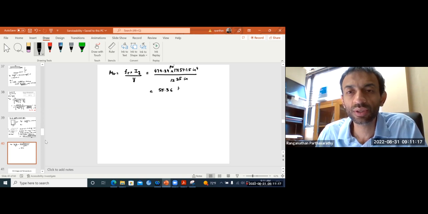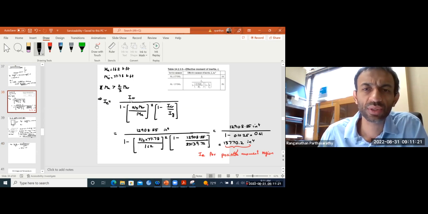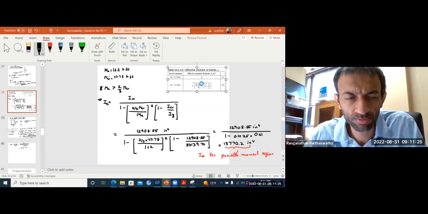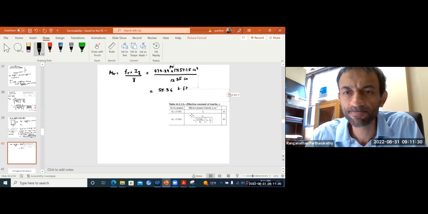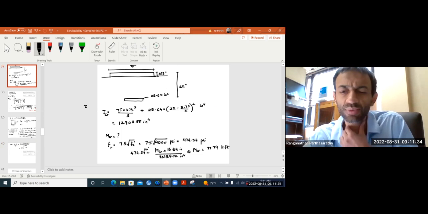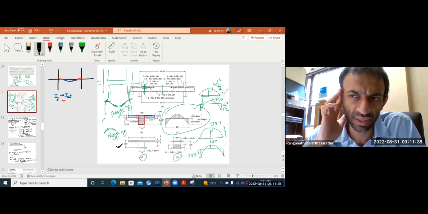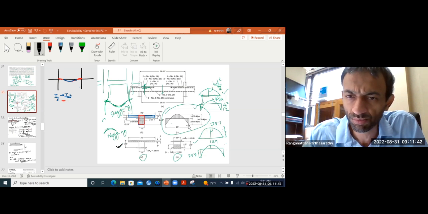$55.36 kip foot. Okay, so let's use our interpolation once more. So in the negative moment region, again, we are assuming that the full load has already acted before the construction is completed, okay?